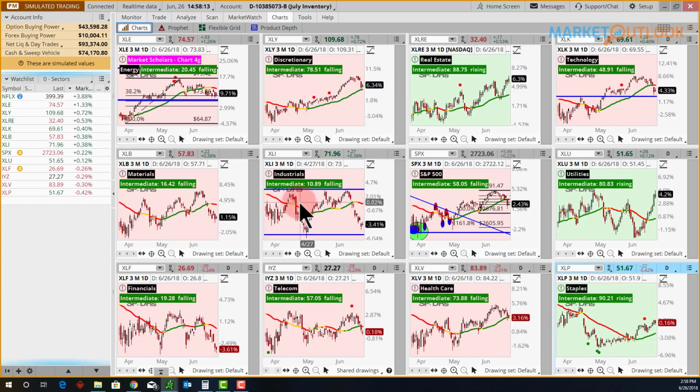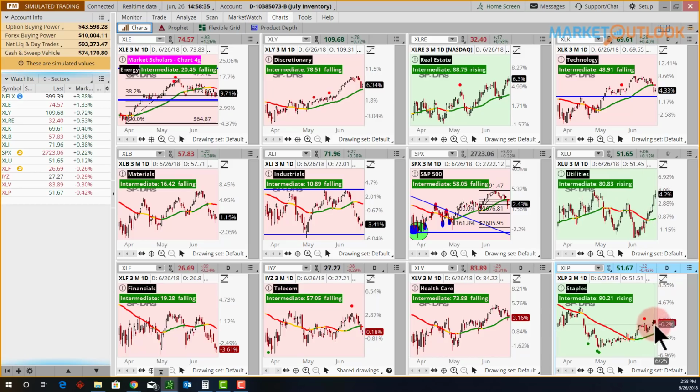You can see some of the outperformers. There's your two tariff-related areas that have been so beaten up below falling moving averages. Discretionary is bouncing off of a rising moving average, and real estate is also above a rising moving average. Technology trying to hold similar to the S&P 500. Utilities lagged a little bit today, but still breaking up above new highs.